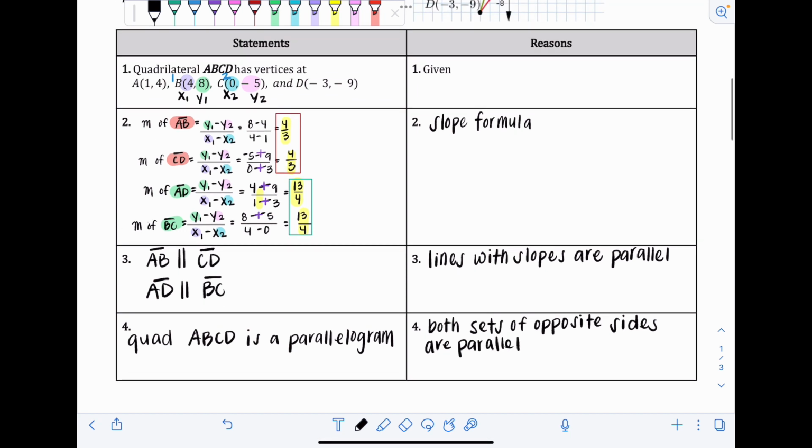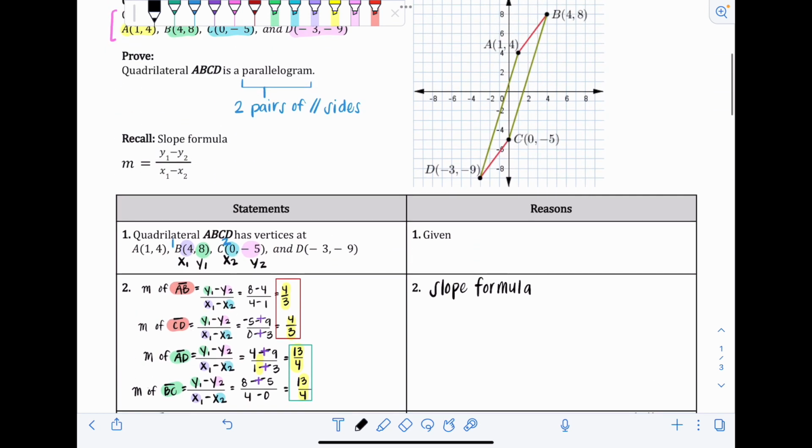Okay, so to look back at the proof as a whole, for statement number one and reason number one, it was just the information that was given to us. We set out to prove that the opposite sides had the same slopes to show that they were parallel to each other. So we showed that the two red sides both have a slope of 4/3, so those are parallel. The two green sides both had a slope of 13/4, so those were parallel.